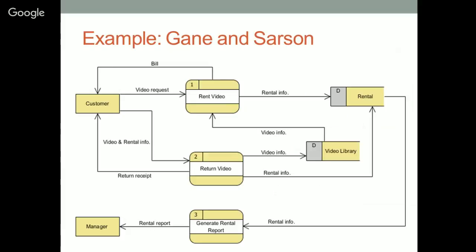And when that is created, data then flows to the manager and outputs to the manager here. So similar flows and processes and databases happening with return video as well. So the data flow diagram shows all of the processes where data is being stored and the outputs and inputs in this video rental system.